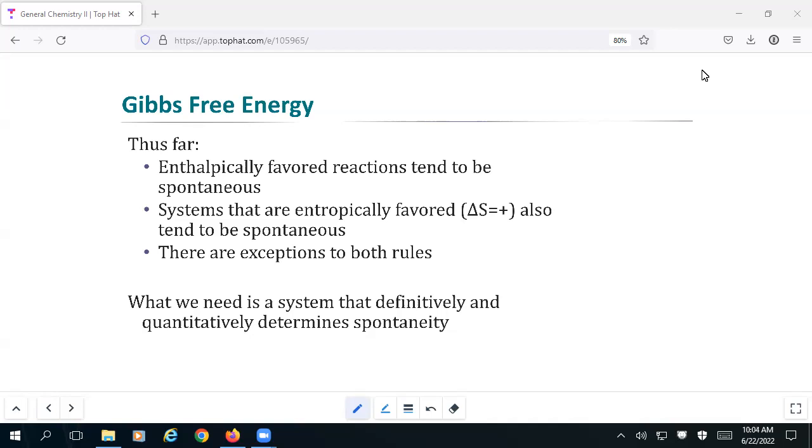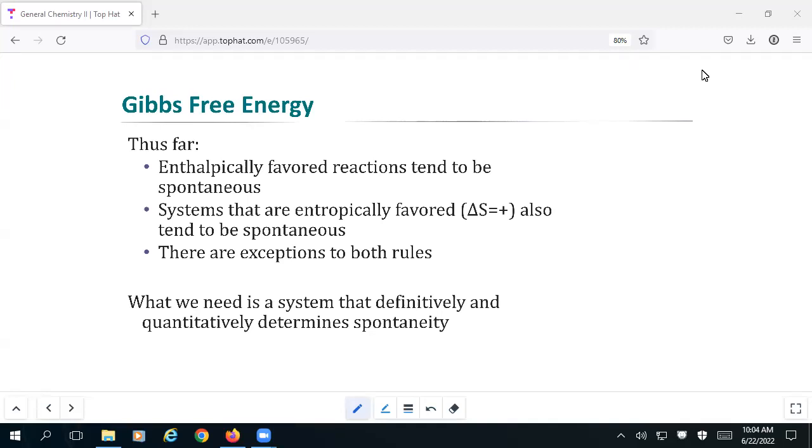And so what it comes down to for us is, is there a way that we can determine the spontaneity of a system by merely looking at the system and not having to worry at all about the surroundings?